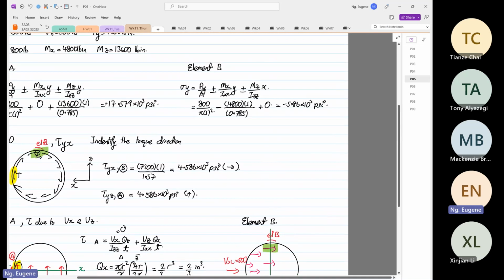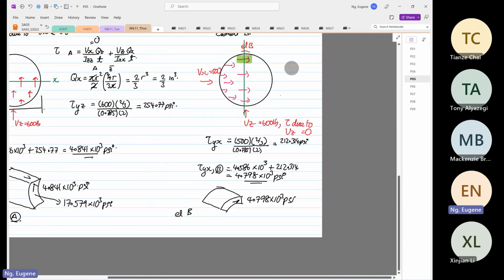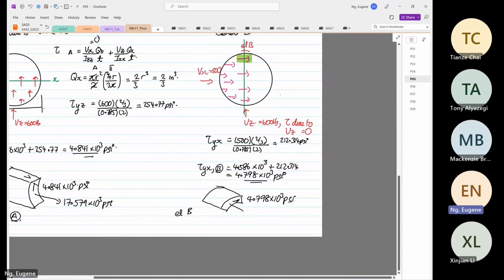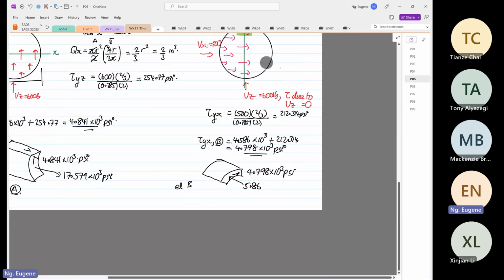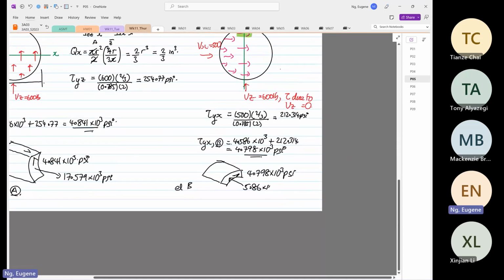And then we have a compression of 5.86 times 10 to the power 3 psi. Okay. So that's how you handle questions like this.